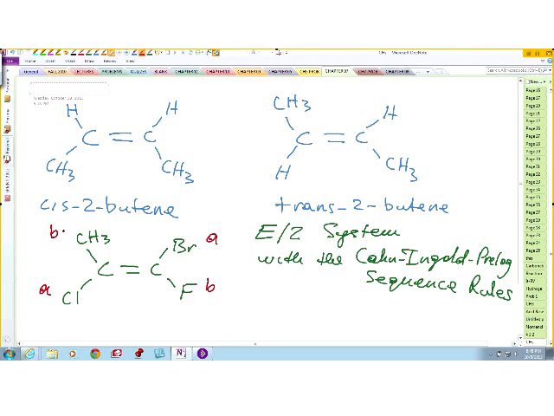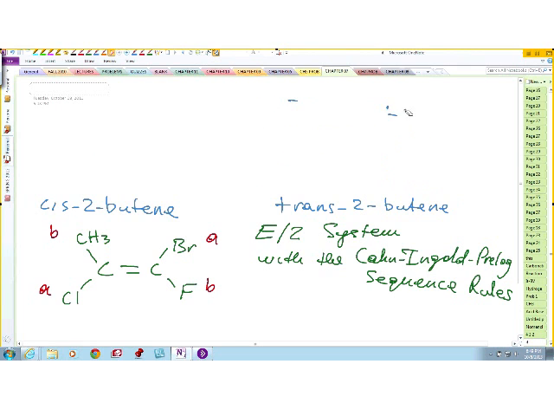Okay, now you take a look at what you have. If the two higher priority groups, or the two lower priority groups, are on the same side of the carbon-carbon double bond, that equals Z. That would be your Z isomer.